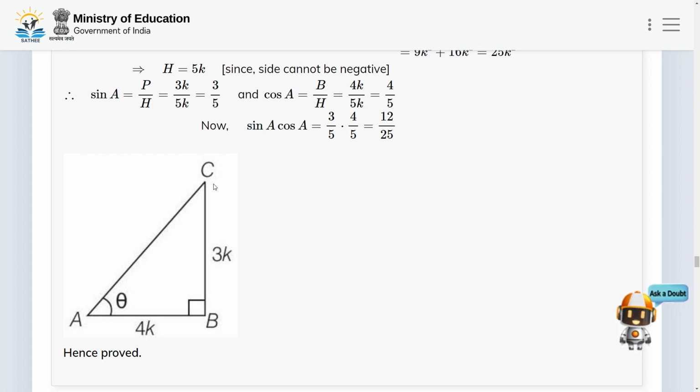Okay, and cos a is equal to base by hypotenuse. So here the base is 4k and hypotenuse is 5k. Okay, so cos a is equal to 4k by 5k, that is equal to 4 by 5. Okay, so now sin a into cos a is equal to 3 by 5 into 4 by 5, that is equal to 12 by 25.